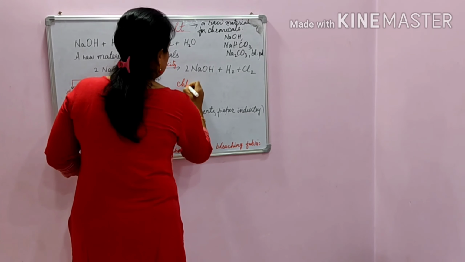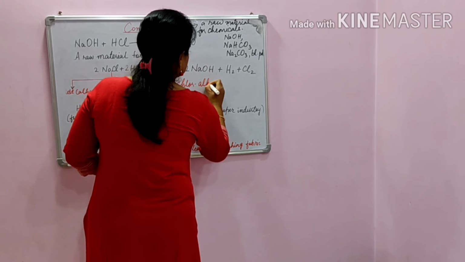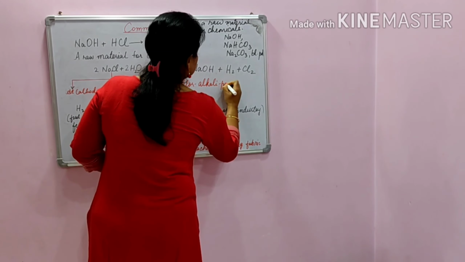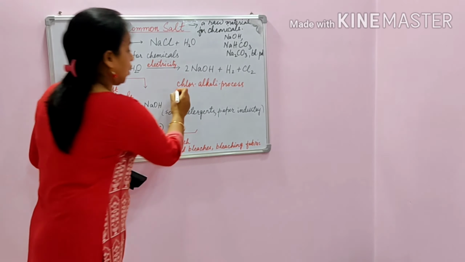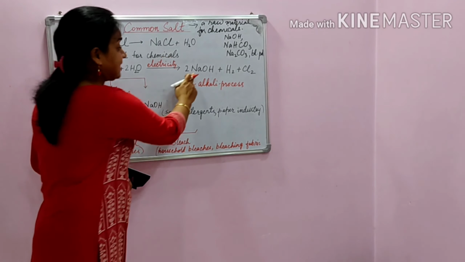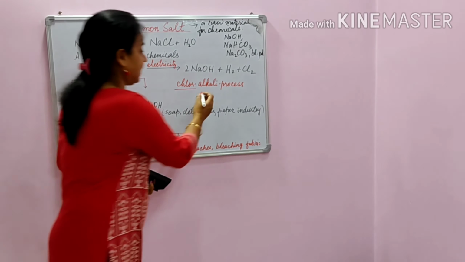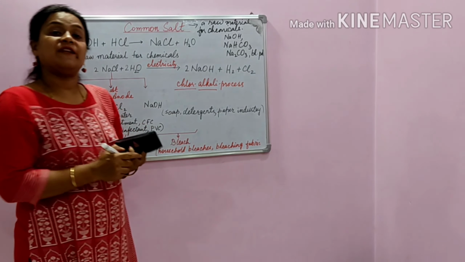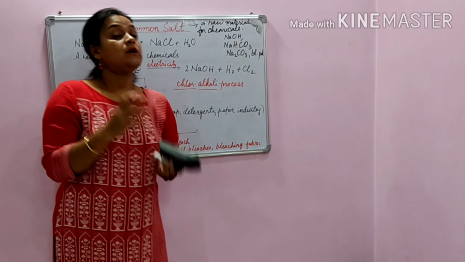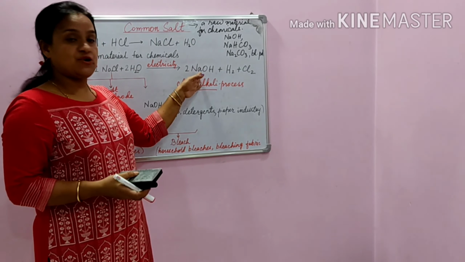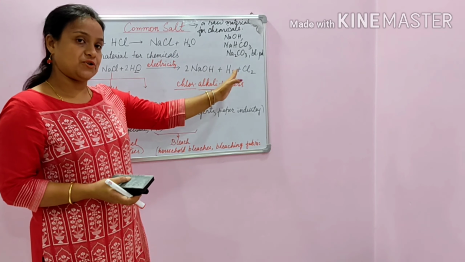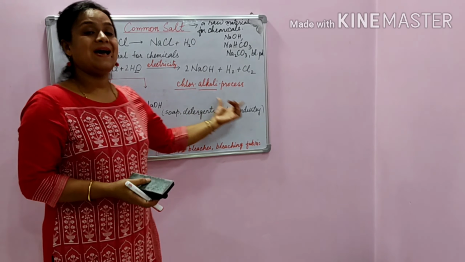Why is it called Chlor-alkali process? Because during this process, chlorine is produced, so chlor, and an alkali is produced, sodium hydroxide, so alkali. So this process of electrochemical decomposition of aqueous sodium chloride to produce sodium hydroxide, chlorine gas and hydrogen gas is called the Chlor-alkali process.